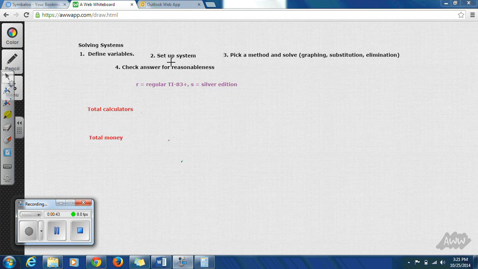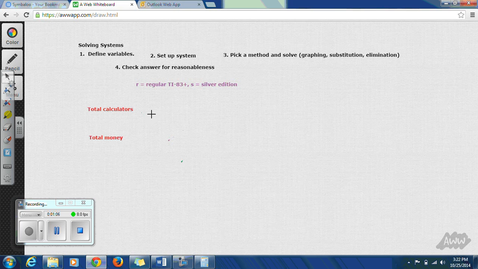Step 2, setting up the system. Looking at the information given, I'm going to see what kind of similarities I can find. First of all, I can see that we have something to deal with just total calculators. And with the total calculators, I see that we should have a total of 350 calculators.